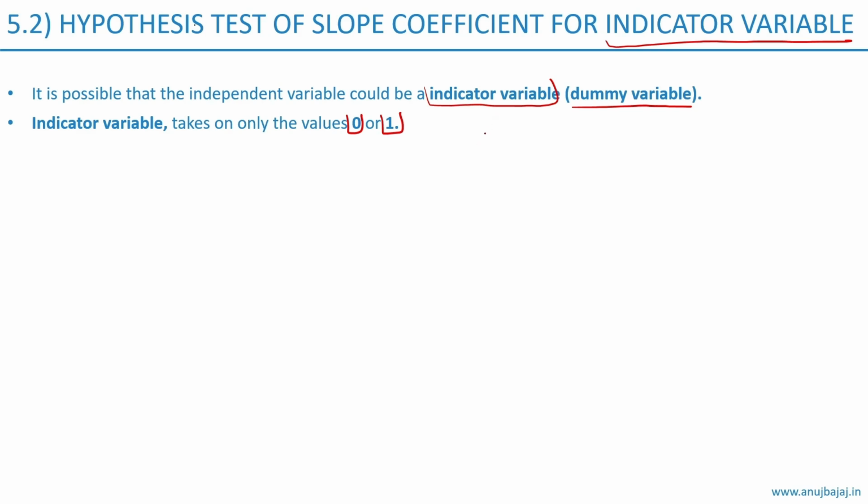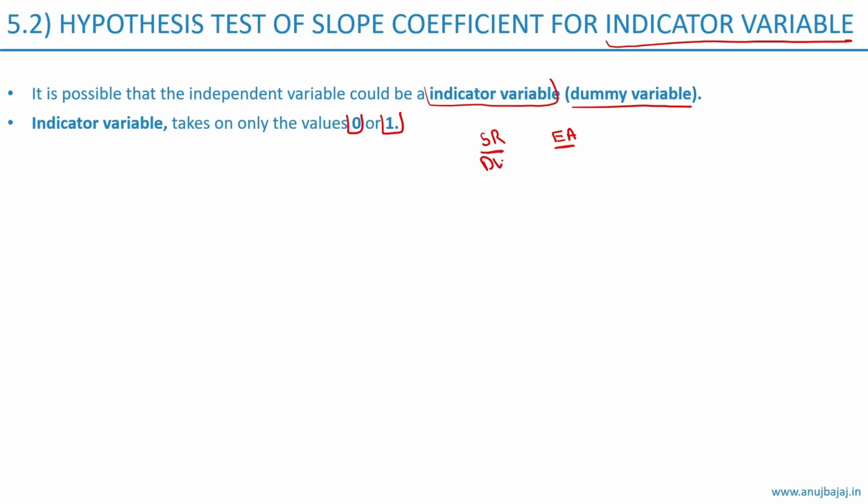Suppose an analyst wants to regress the monthly stock return of a company on whether the company makes earnings announcement or not. So the analyst is interested in knowing what is the monthly stock return when the company makes any earnings announcement and what is the monthly stock return when the company doesn't make any earnings announcement.